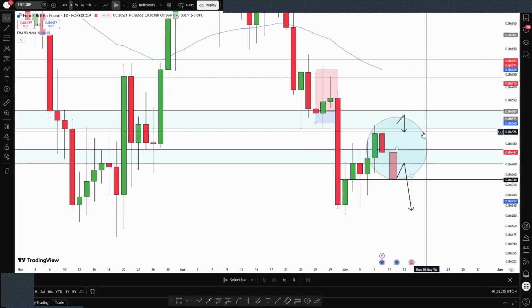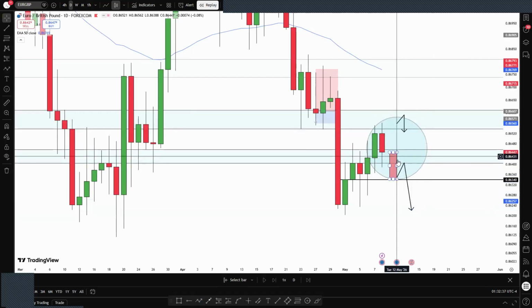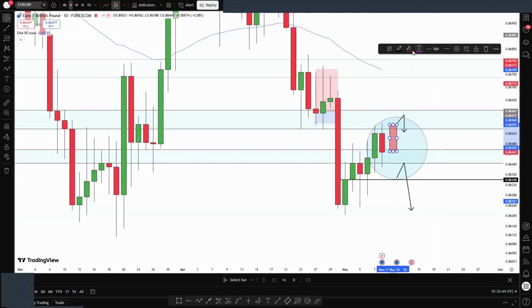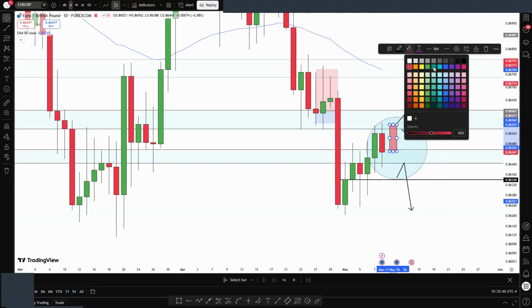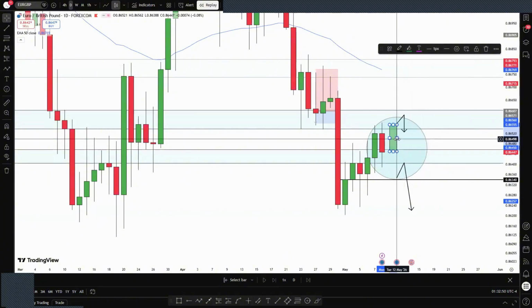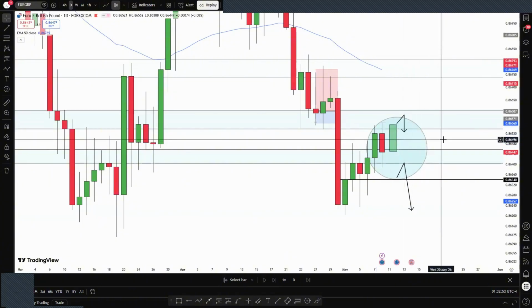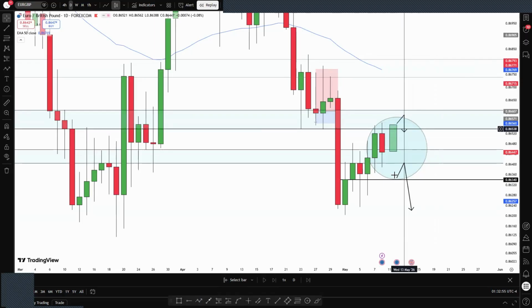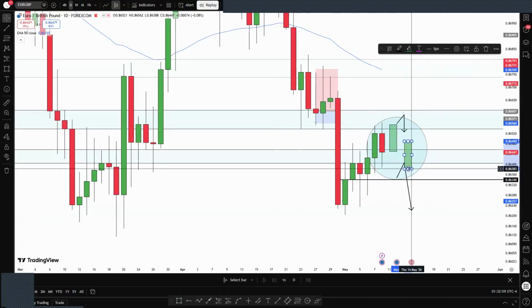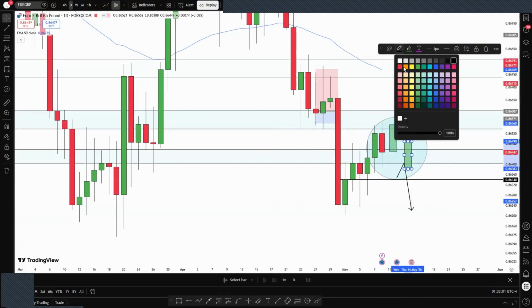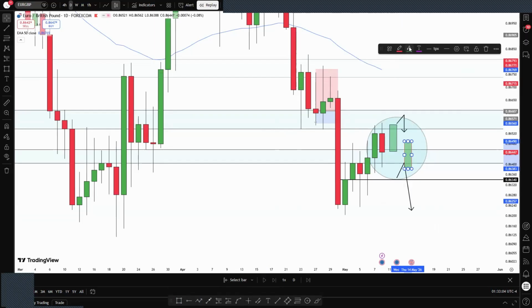You see? But if it doesn't do this, if price later on gives me another bullish engulfing candle at this level, then I have to wait for Tuesday to get that rejection. So it's just easy.